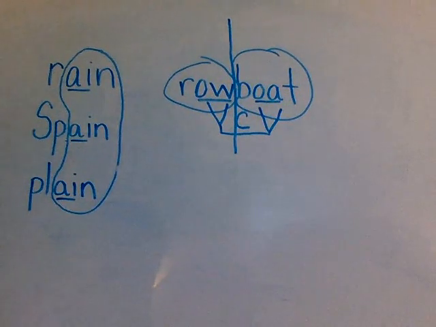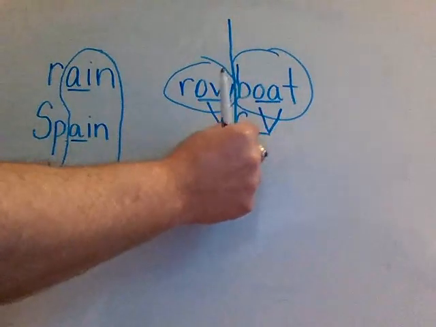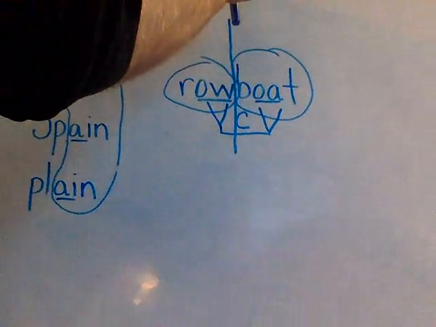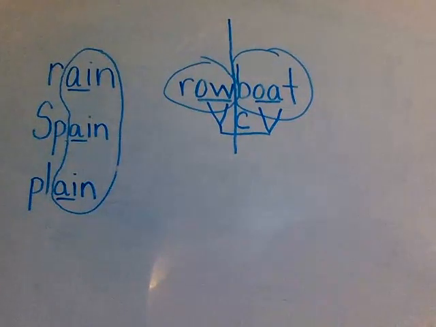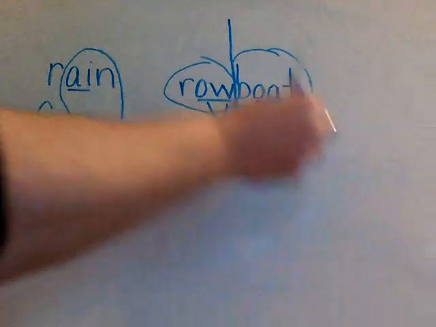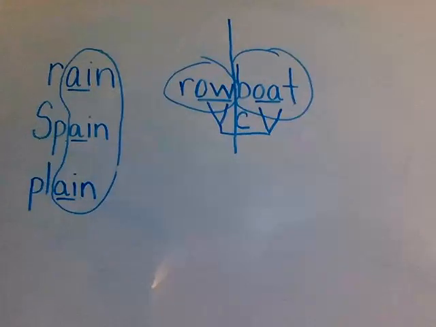So now you know how to divide a word into syllables when we have this pattern. And that's how we get row and boat to make rowboat for this bigger word.